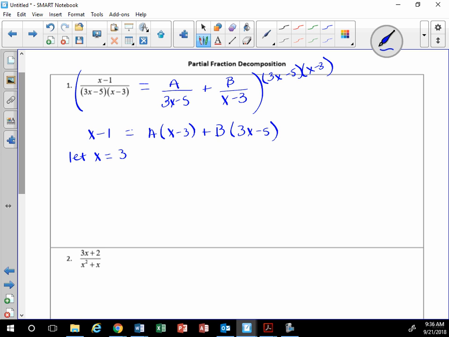All right. If x is 3, the left side of my equation would be 3 minus 1 equals, is any part of that A term even going to be there? Yeah, it's 3 minus 3 is 0. 0 times A, it's gone. So I would just have B times, what, 9 minus 5?